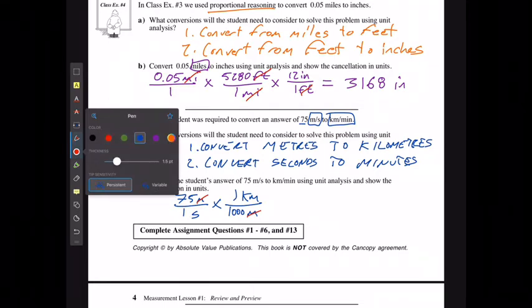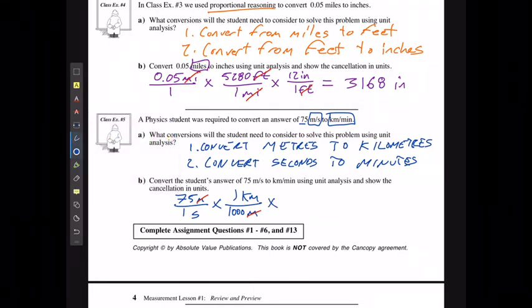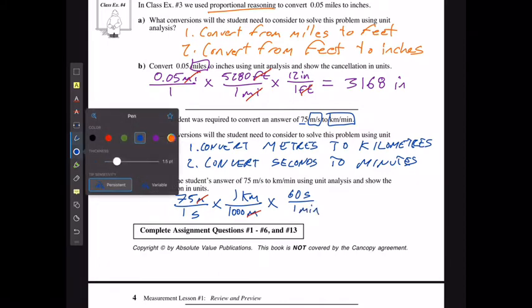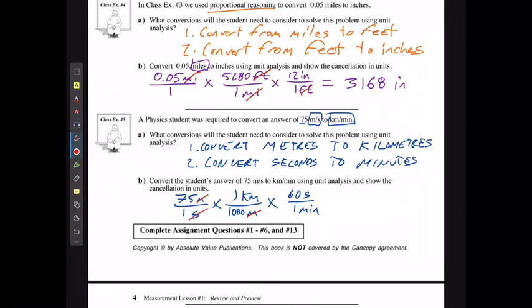And then I'm going to multiply that by 60 seconds over 1 minute. The seconds started out in the bottom, so I need to put it in the top to cancel those ones out. And now I'm just left with my kilometers and my minutes, which is what I'm looking for.